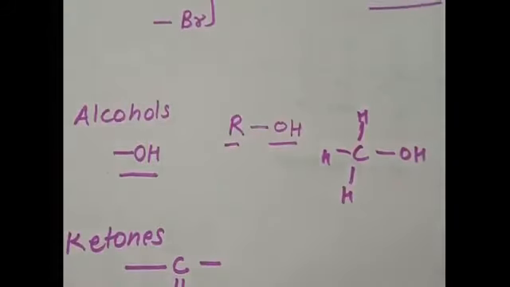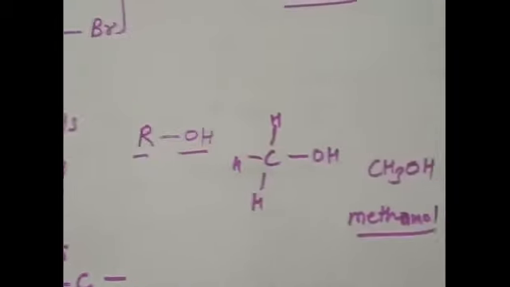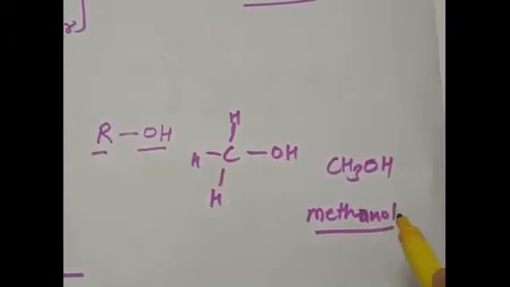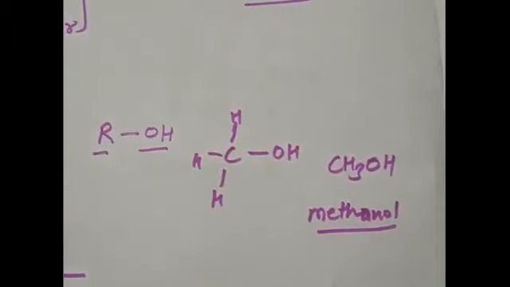So this will become CH3OH. As we know, when a single carbon is there, this is called meth, and when the OH group is there, we call it ol, alcohol. So this is called methanol. We will study this in the nomenclature part, so don't worry about it now.